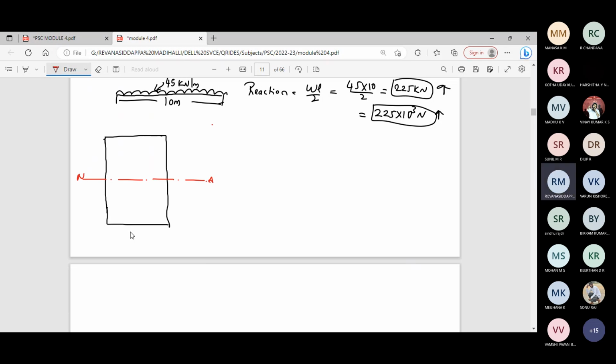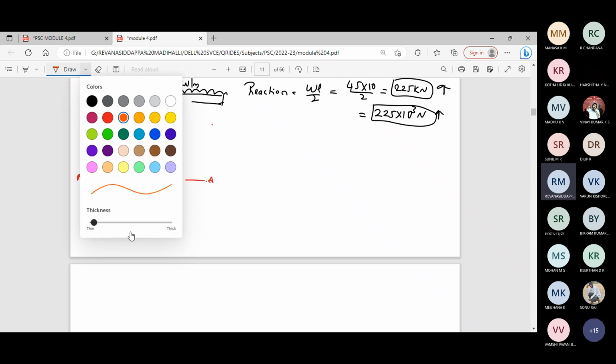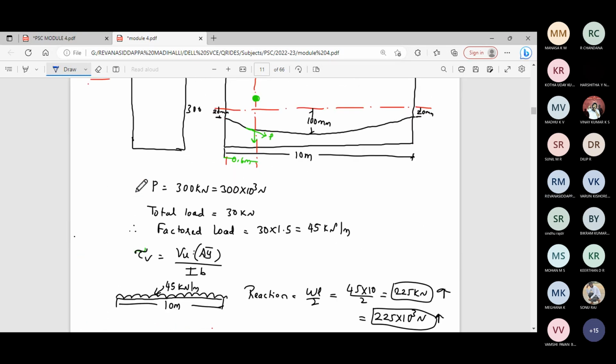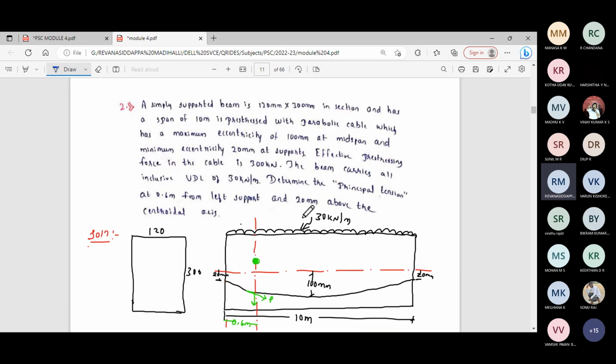In the question it is clearly mentioned to find the stresses at a distance of 20 mm above the centroidal axis.